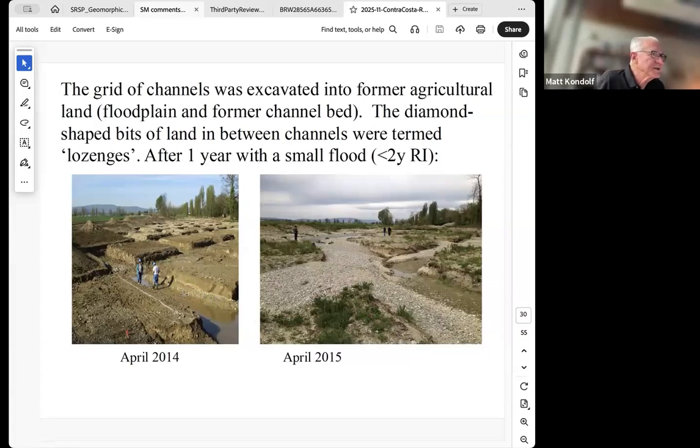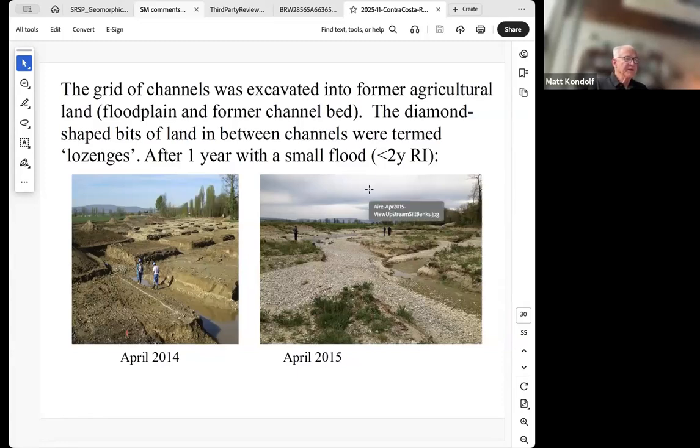You have silts and you have gravels. That's more gravel there, more silt there. And as you could predict, these different materials responded very differently to flows.